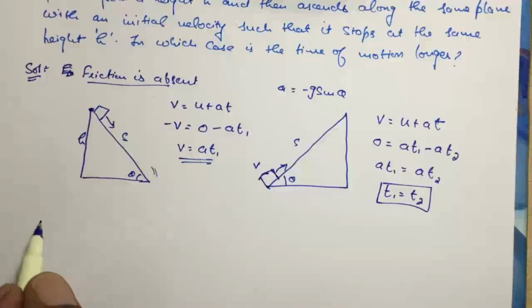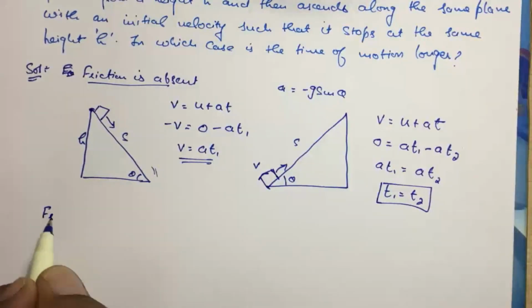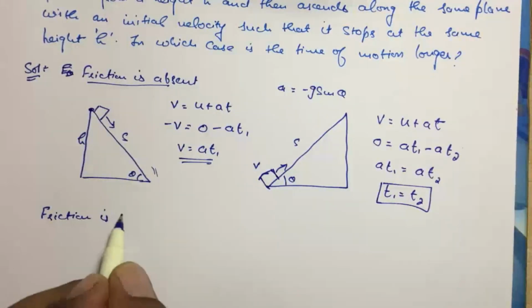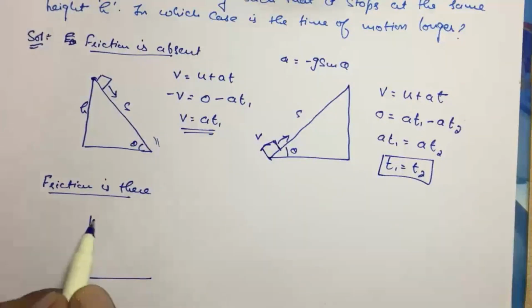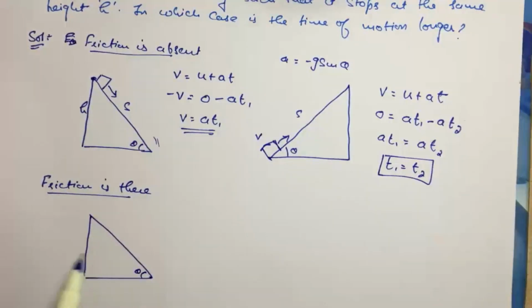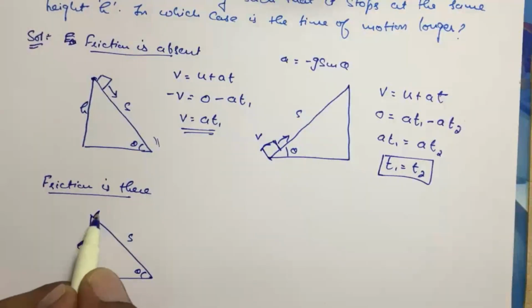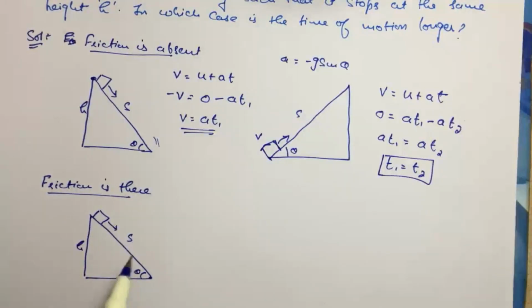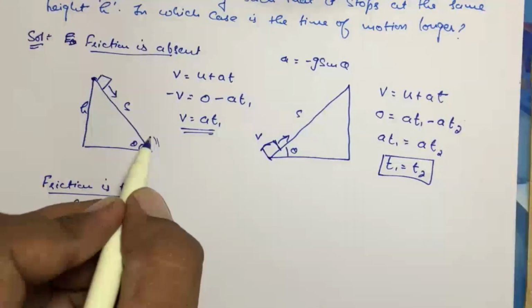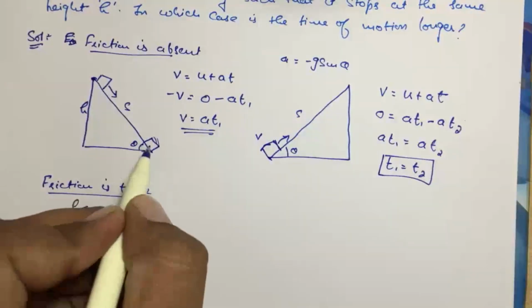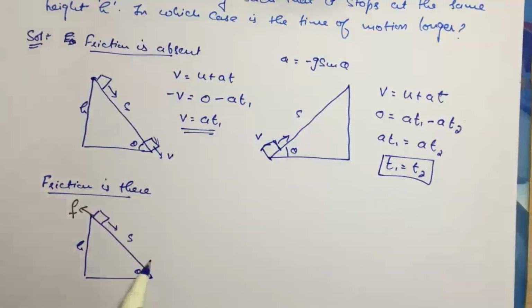Now the second view of the question is when friction is there. The body is moving downward in this way. This angle is theta, this is h, this is say s. If the body is moving downward, friction will act upwards. Here at the foot of the hill the velocity will not be v, it will be something like v1, which is less than v.